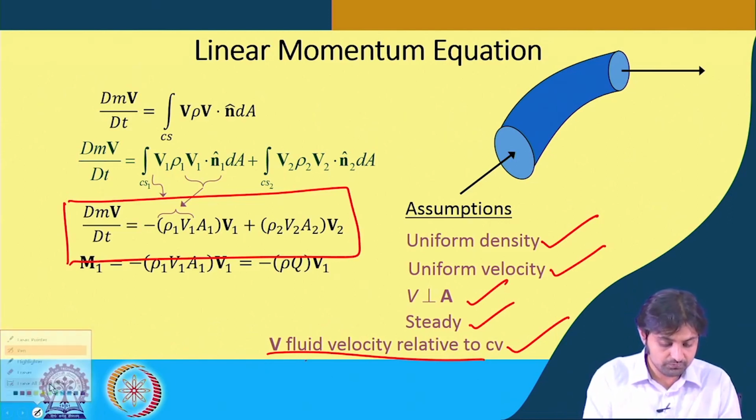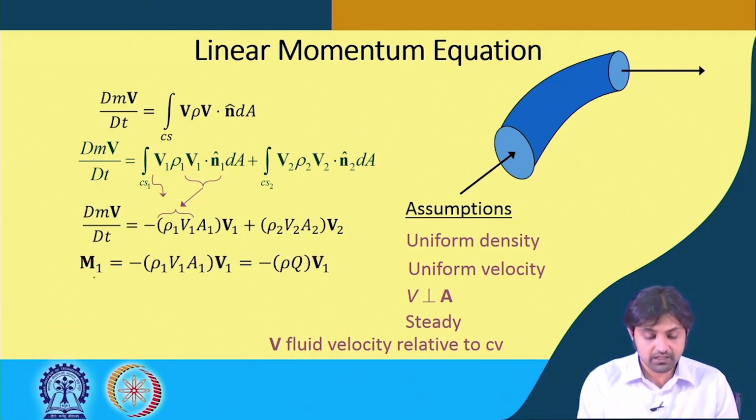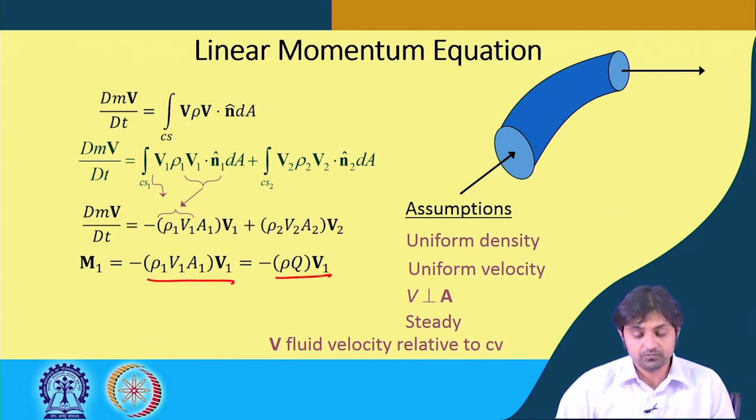So, M1 can be written as minus rho 1 V1 A1 into V1, or minus rho Q V1. This is one term, capital M1.